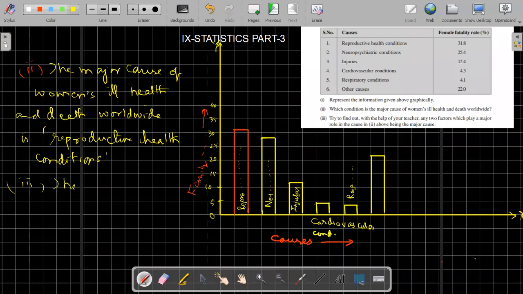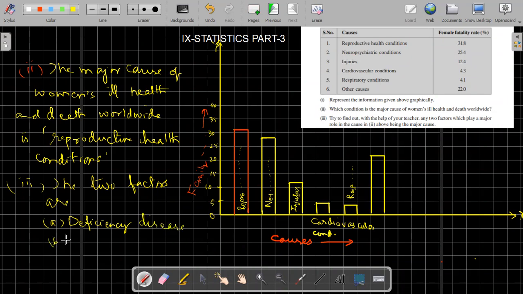You can write the two factors are, number one, deficiency diseases, because of deficiency disease.